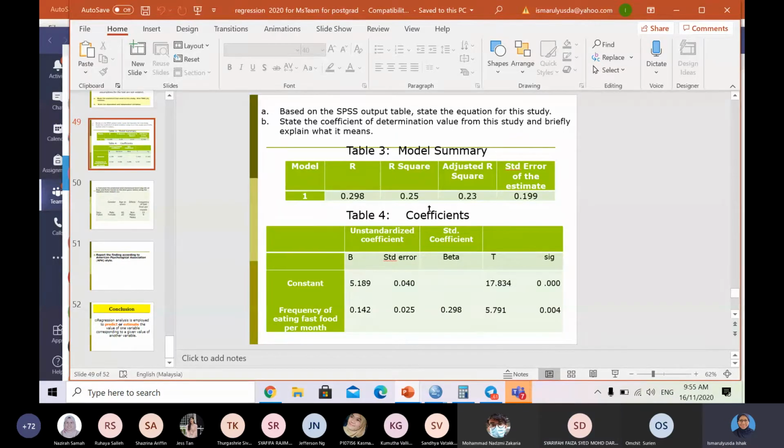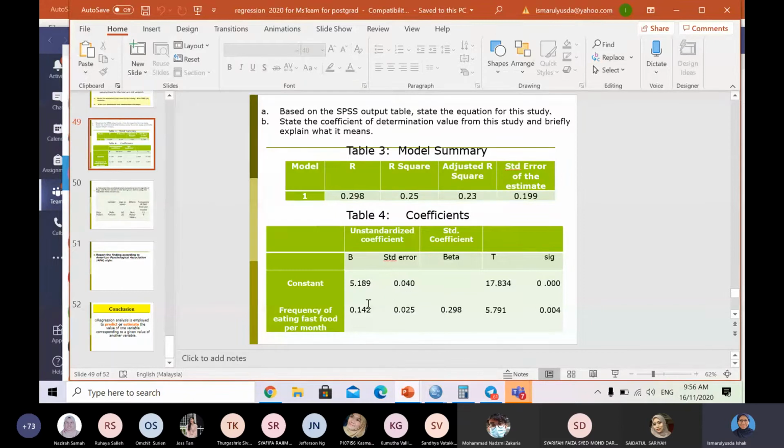Doktor, can you go back to the earlier exercise for the R square? How do we explain it again?